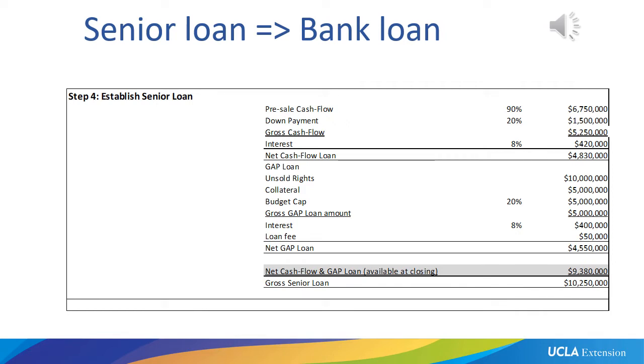And remember, the bank loan, our senior loan, is a combination of a pre-sale loan, that is a loan that is cash flowing our pre-sales, and a gap loan, that's a loan against our unsold rights. So let's look at that. We have pre-sales done for $7.5 million, but remember that the bank will apply a discounting, so they will actually only give us 90%.